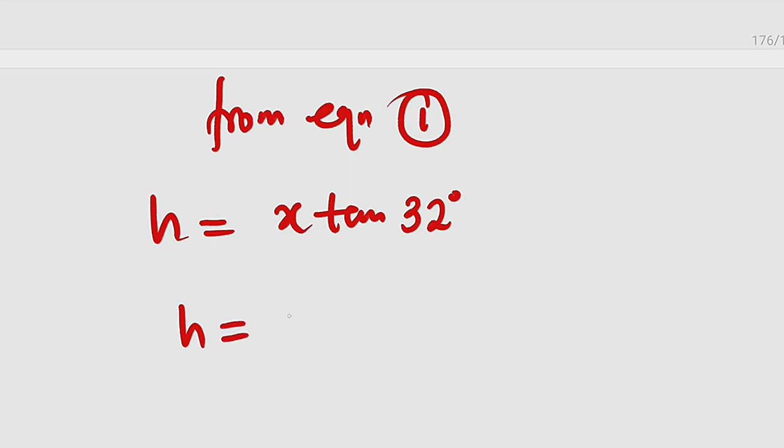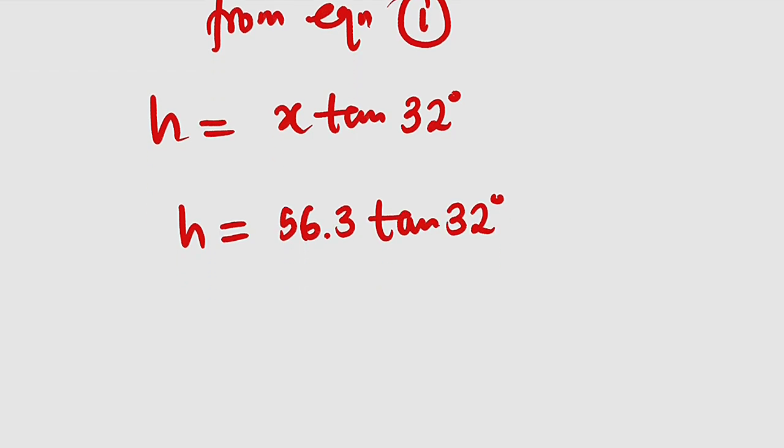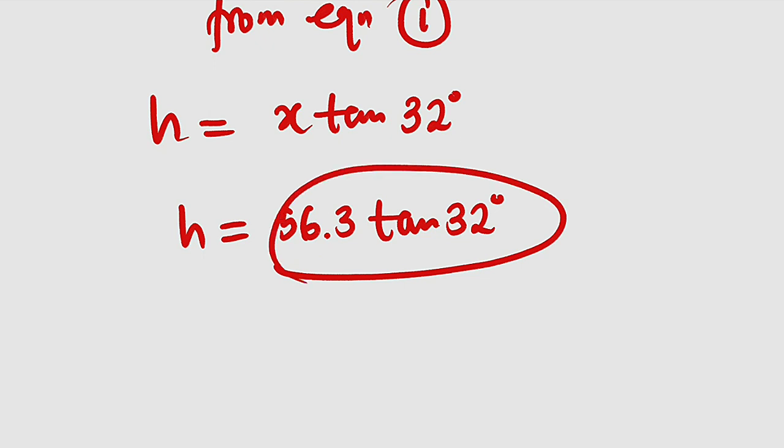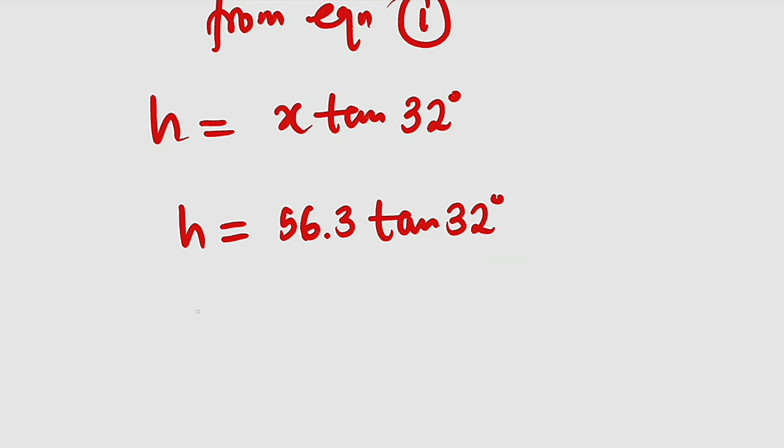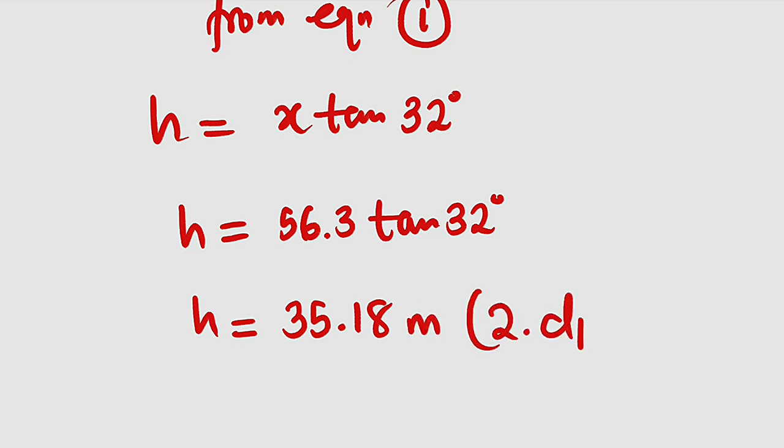Finally, we say that h is equal to 56.3 multiplied by tangent of 32 degrees. I am going to use my calculator to evaluate this directly, and hence h is equal to 35.18 meters in 2 decimal places. And hence this is the height of that tower.